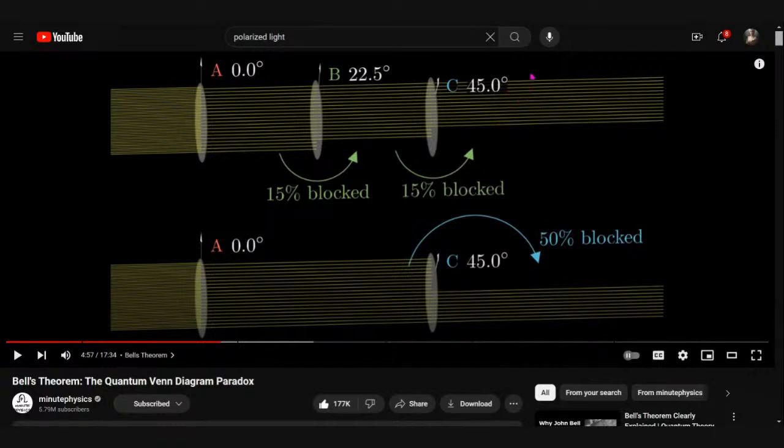So it's still the majority, whereas here it's 50%. So he's asking, how is 15% plus 15% equal to 50%? It should be 30%. Oh, I see. That's what he was asking, but that doesn't make any sense to ask that. Oh, he was confusing the crap out of me.